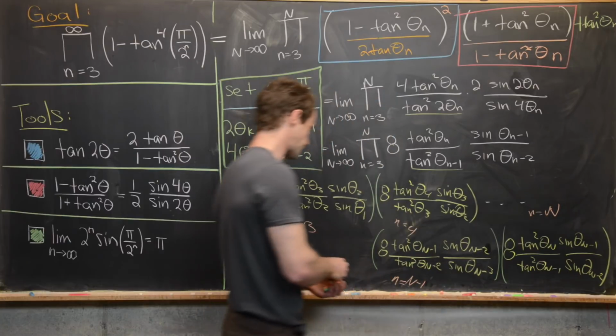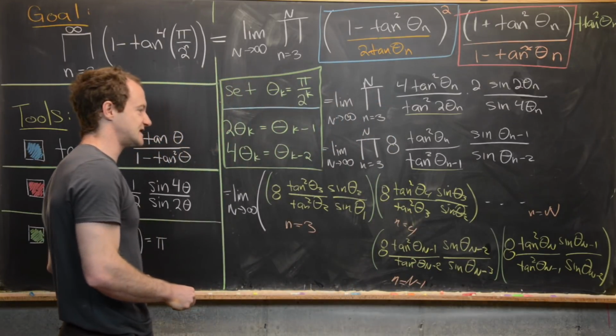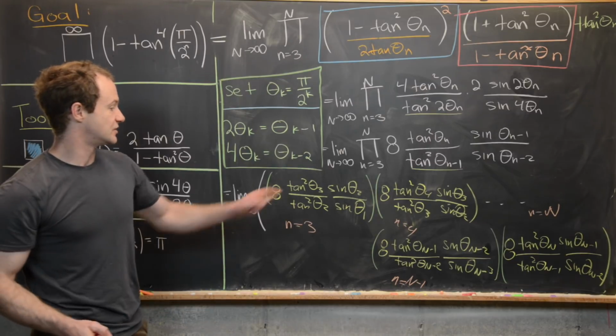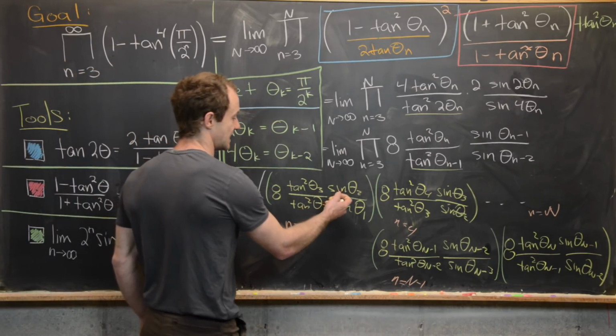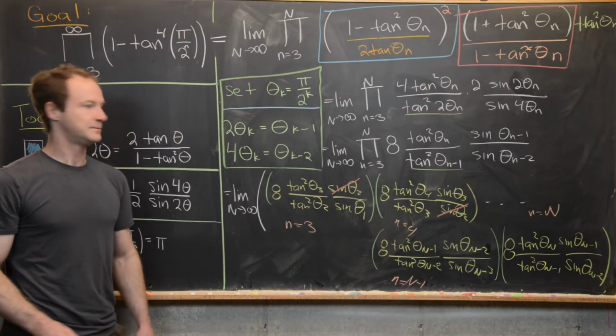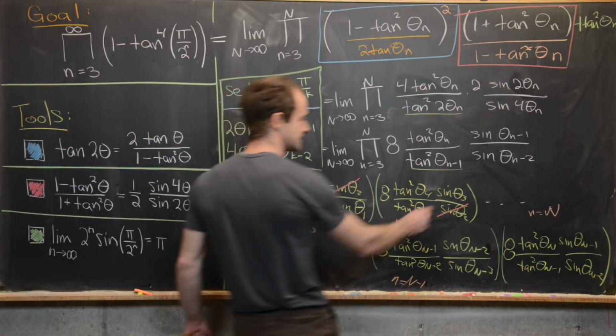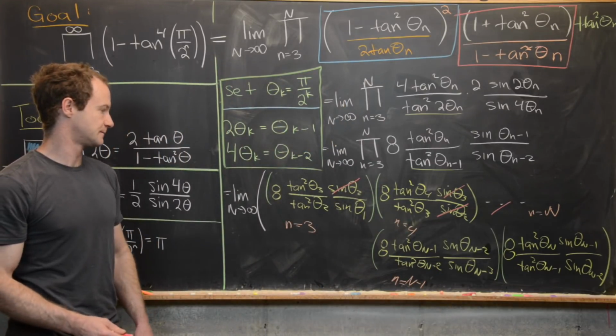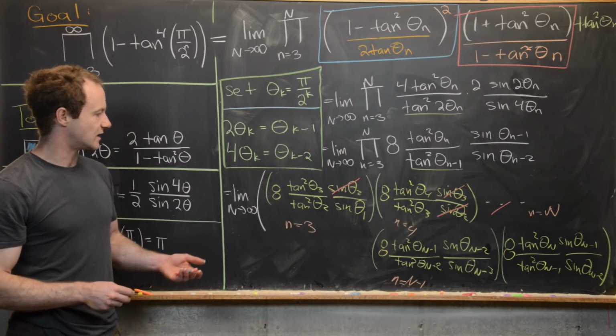Good. And now let's see what seems to cancel as we move through this. So notice we've got this sine theta 2, which will cancel this sine theta 2. And then likewise, this sine theta 3 will be canceled by something that's happening in the future. Then let's see what else we have.